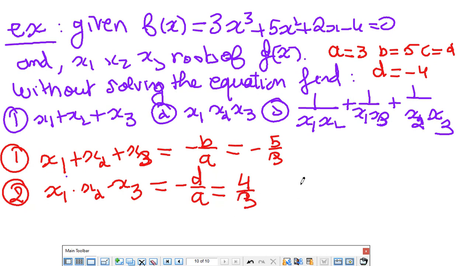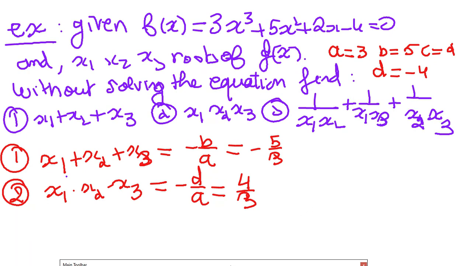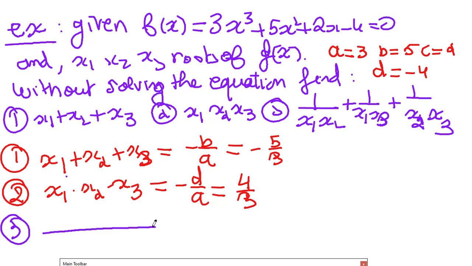Now how are we going to find 1 over x1x2 plus 1 over x1x3 plus 1 over x2x3? When adding fractions, we need the same denominator. So my common denominator is x1x2x3.